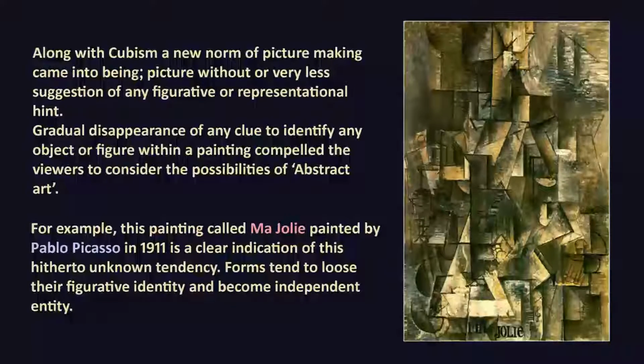So what we witness here is a gradual disappearance of any clue to identify any object or figure within a painting, and that compelled the viewers to consider the possibilities of abstract art. That is, it is now possible, as has been understood from the early part of the 20th century, to encounter a work of art, whether in painting or sculpture, which may not have any recognizable trait or clue at all.